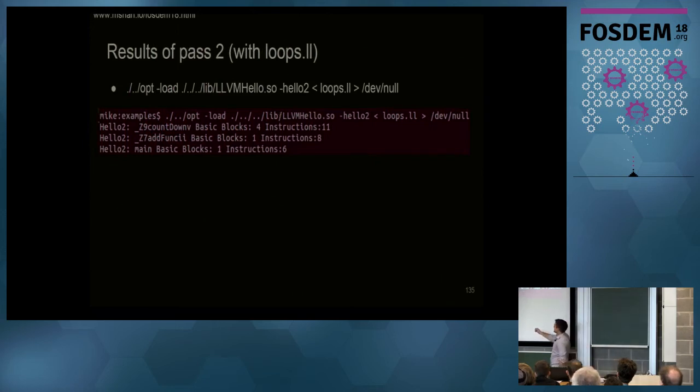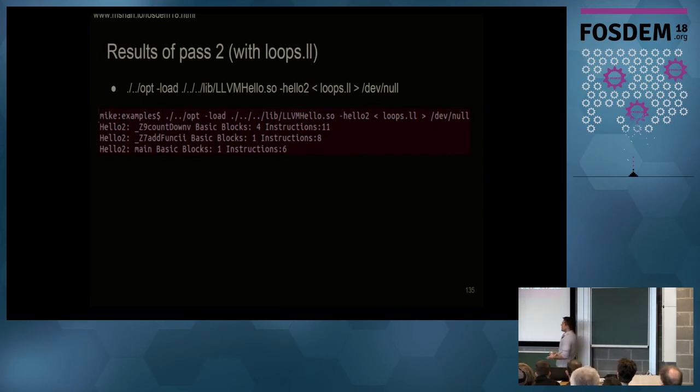I'm going to run hello two on that code and see how many basic blocks there are, and instructions. Looks like countdown is the most intense function here. And it works. That's kind of nice.